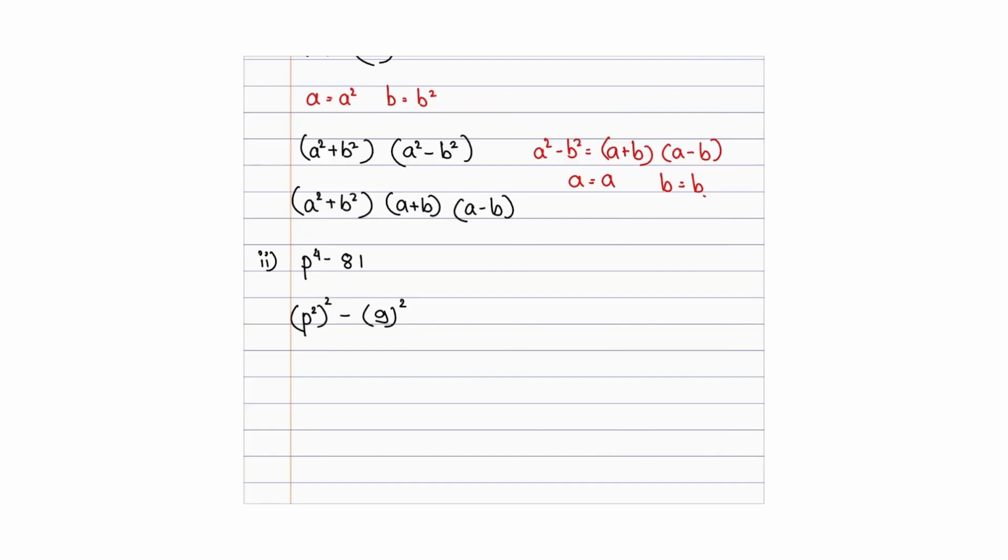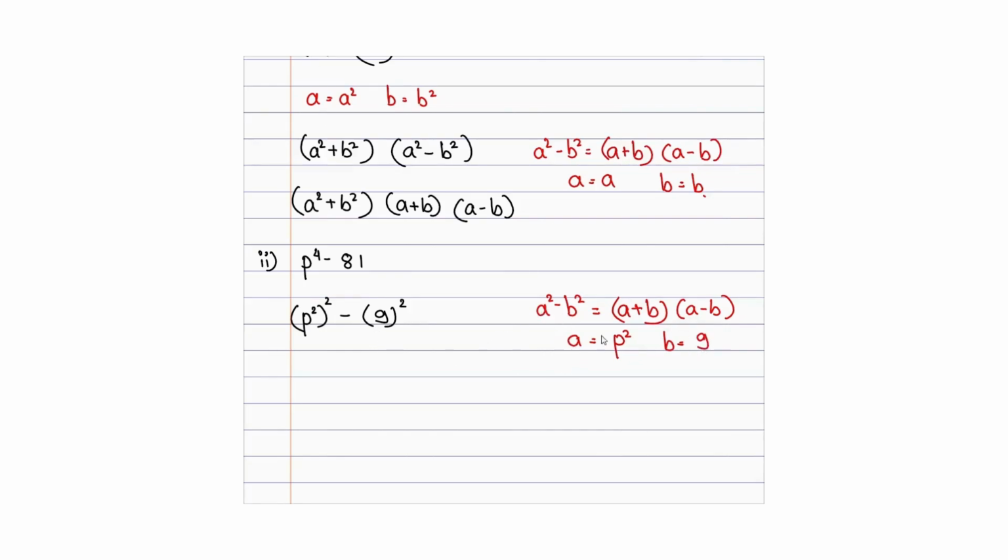Now this can be clearly seen as a square minus b square, which is a plus b and a minus b. While solving this question, our a will be p square and our b will be 9.